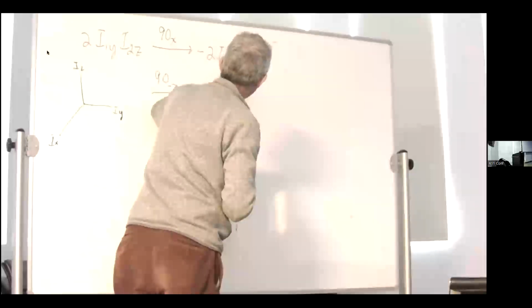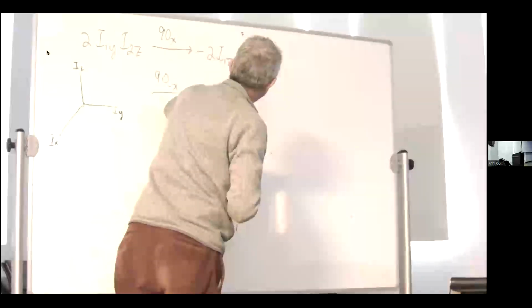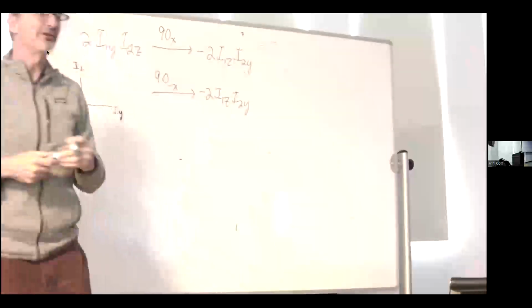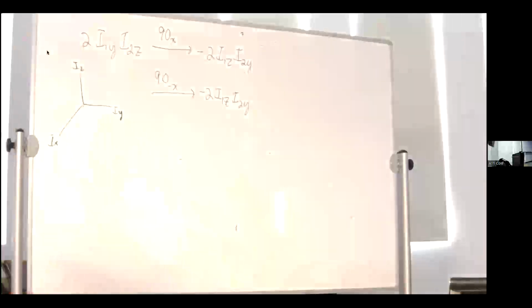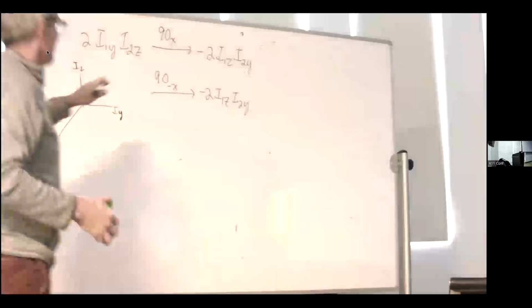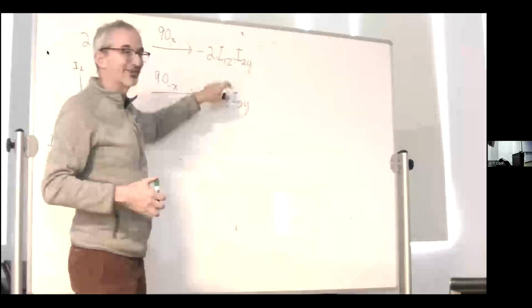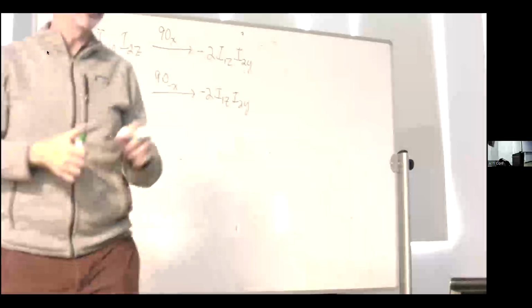Actually, the very first pulse sequence that I thought I invented, I made a mistake: I thought that changing the phase of a 90-degree X pulse to minus X would change the sign of the result. And I had pages of these operators written down for this pulse sequence.